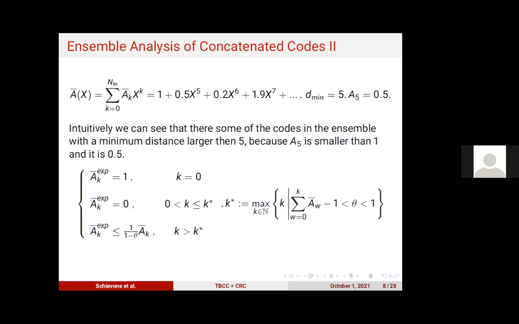Yes, no, it's a very interesting question. I know that for linear random ensembles, there have been works studying the variance of the weight enumerator. But for the case of serial concatenations, I don't know much. But it's very interesting and probably something we should look at, Riccardo. I agree. Okay. If there are no other questions, I continue, but thank you for the point.